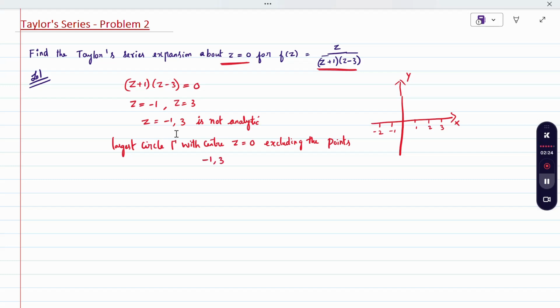Minus 1 and 3, I'm going to remove them and form a new circle with the center z equal to 0. So when I draw, I have to remove minus 1 and 3, and z equal to 0 is here. So I will draw a circle. Minus 1 I have to remove, so the radius should be less than 1.